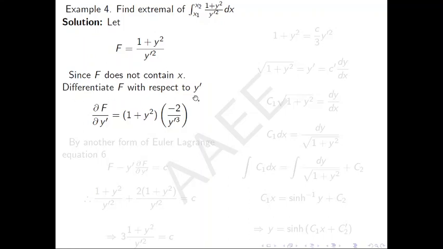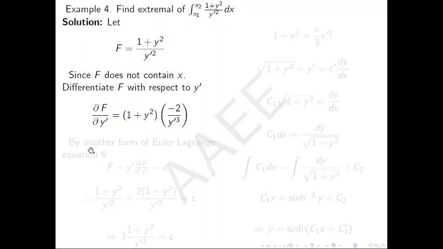Differentiating f with respect to y dash partially, 1 plus y square will be treated as constant, and the derivative of 1 upon y dash square, that is y dash raised to minus 2, is y dash raised to minus 3 into minus 2. The derivative of x raised to n is x raised to n minus 1 into n, just like that one. So this one is the derivative.